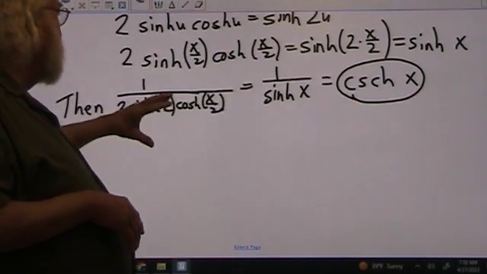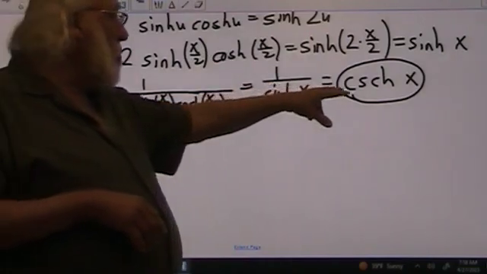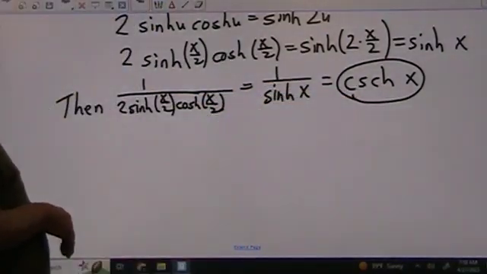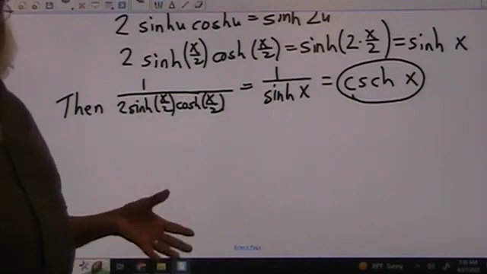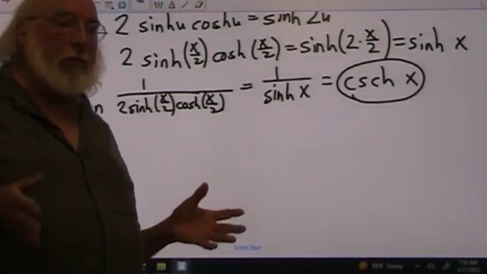And 1 over that gives us csch of x. So, mathematical manipulation. This entire school year has been about mathematical manipulation.